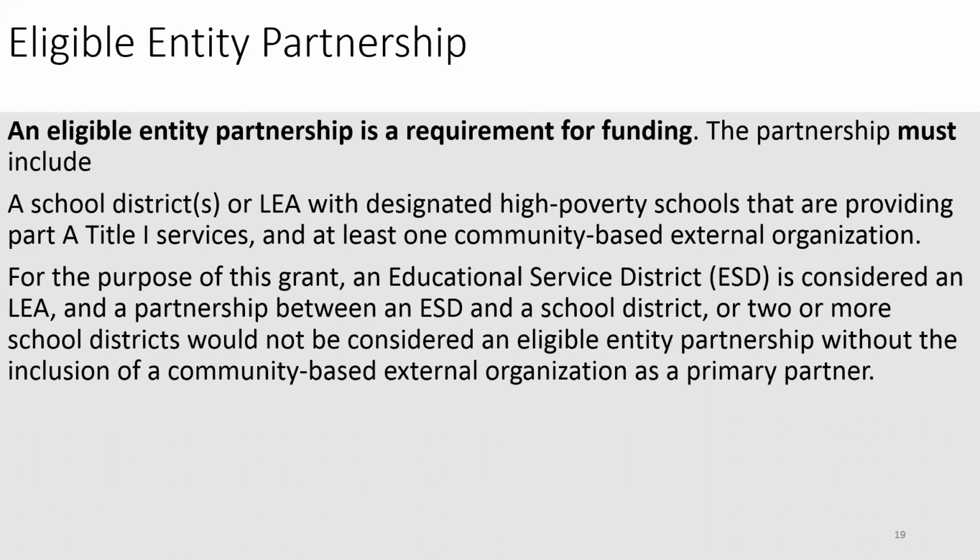A partnership between a school district and an ESD, or two or more school districts, would not be considered an eligible entity partnership. For example, if you're an ESD applying with a school district, that wouldn't work. You would have to apply as an ESD with a school district and a community-based organization to be considered a partnership, because in this application process an ESD is considered a school district.